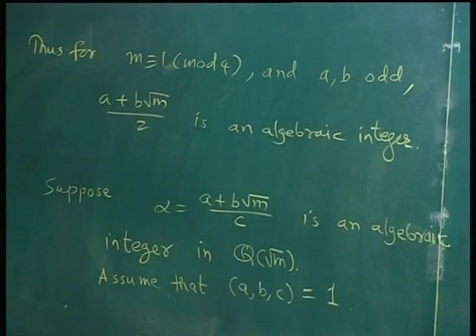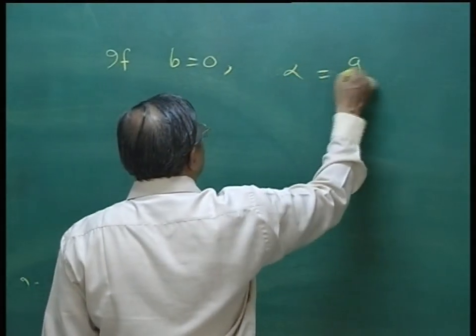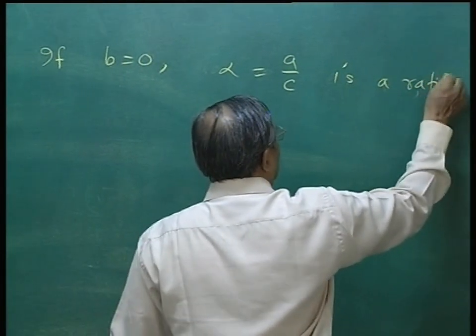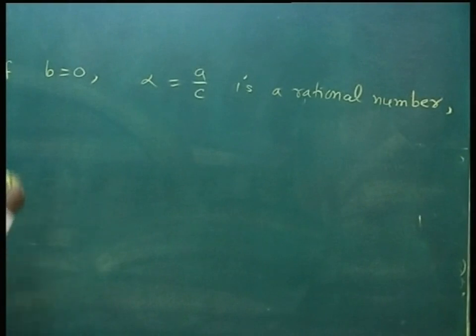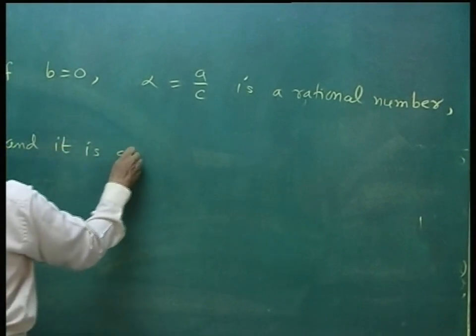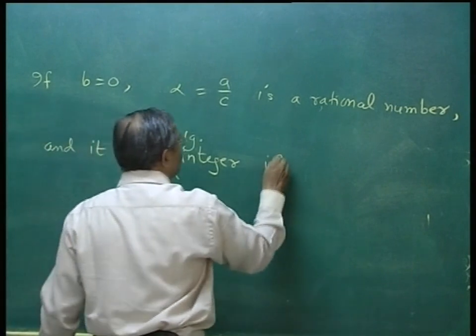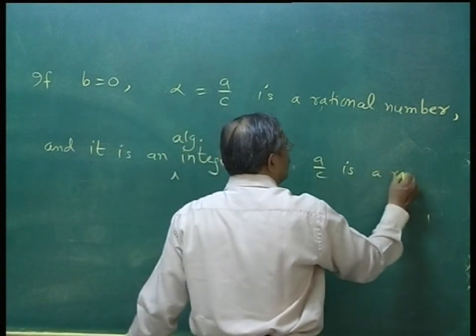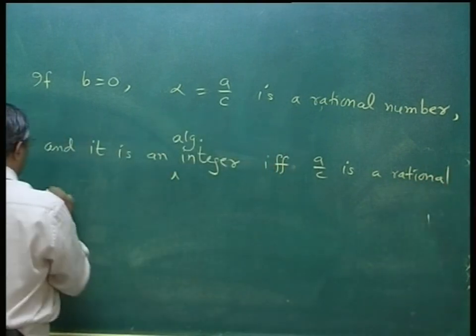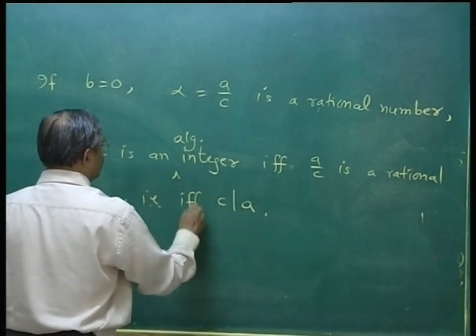Now if b equal to 0, alpha equal to a by c is a rational number, and it is an algebraic integer if and only if a by c is a rational integer, usual integer, that is if and only if c divides a.